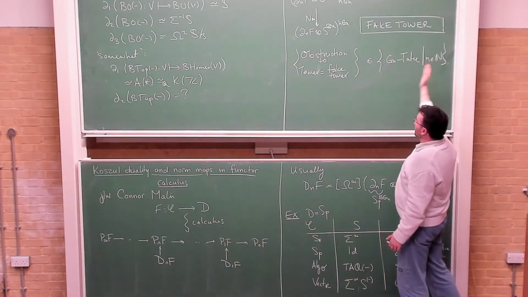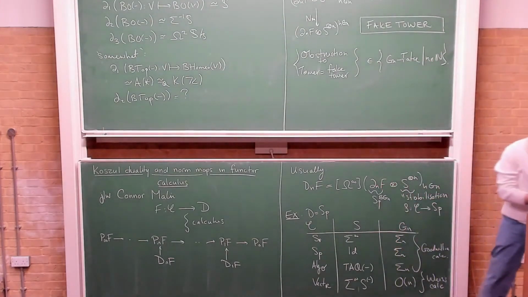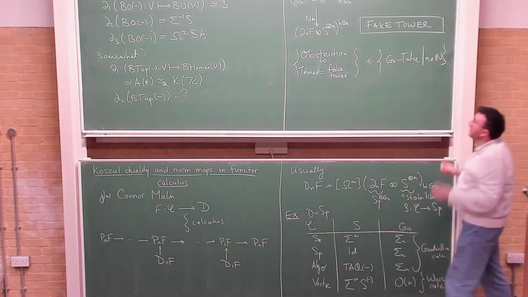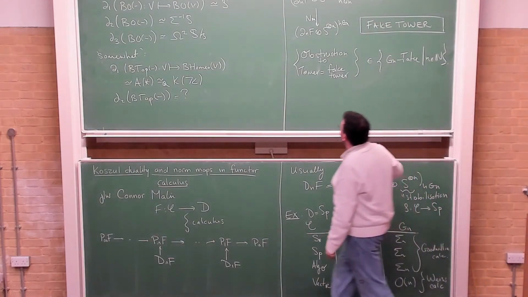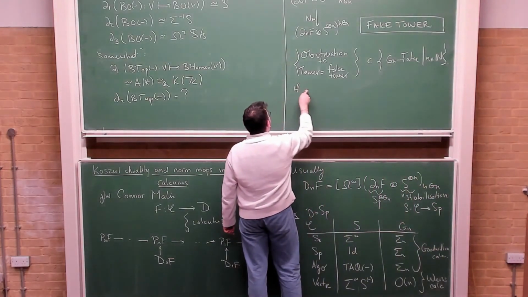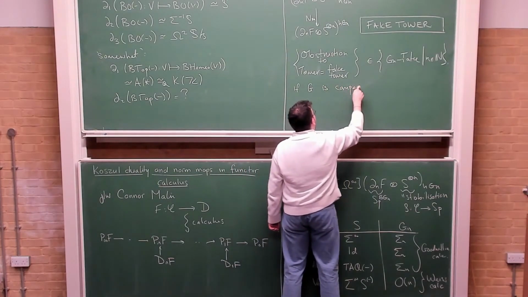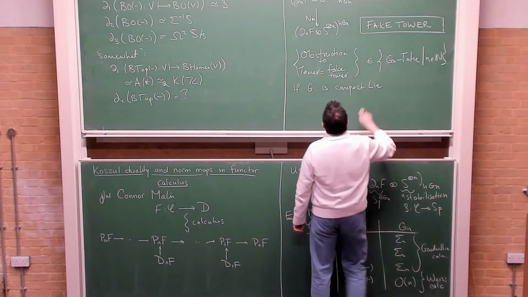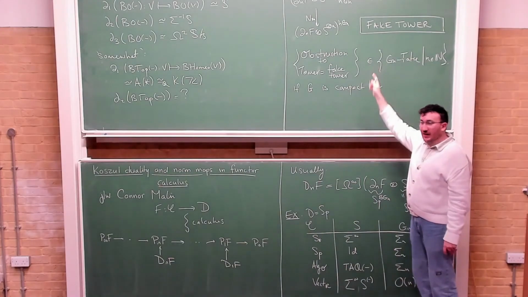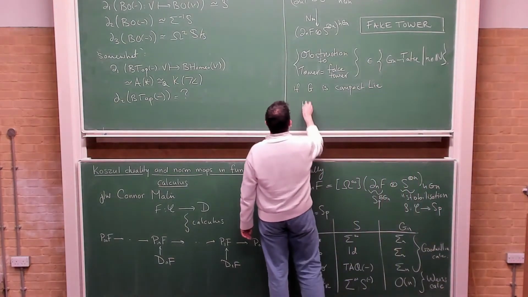Okay, so the question is, how do I build such a thing? So I should also add a small disclaimer, that if G is compact Lie, then the norm map doesn't look like this anymore. I have to add in a dualizing factor.